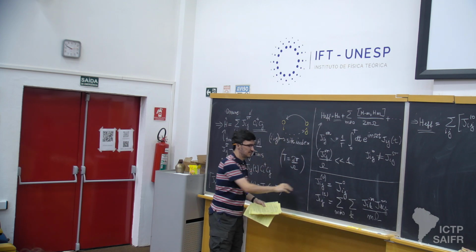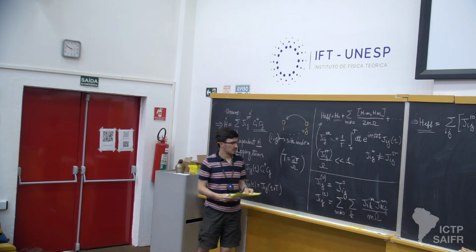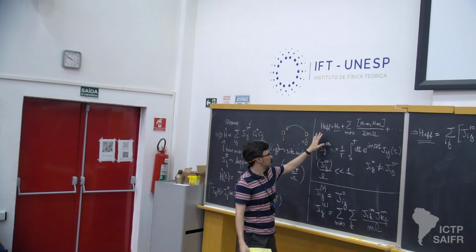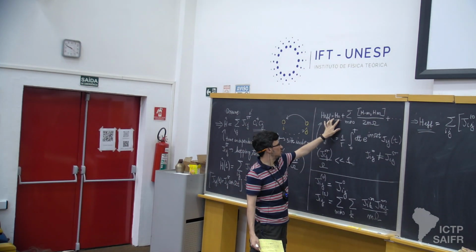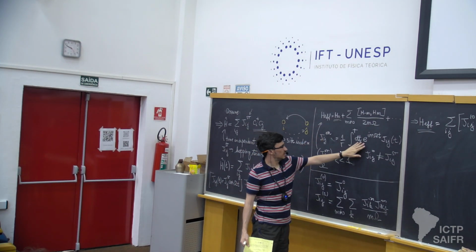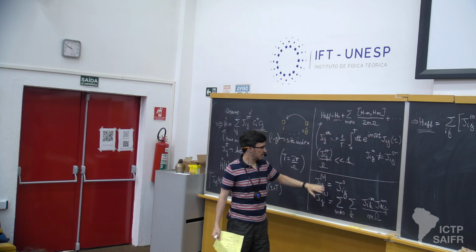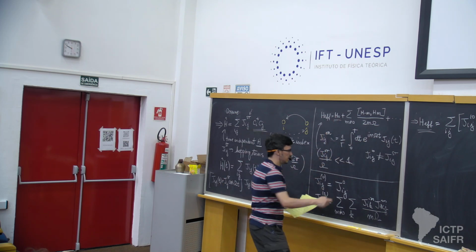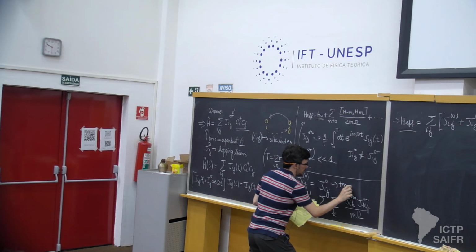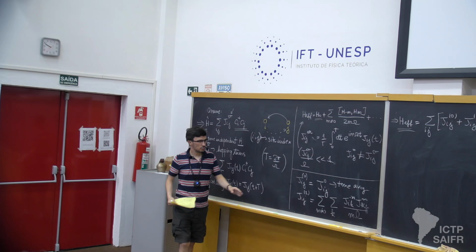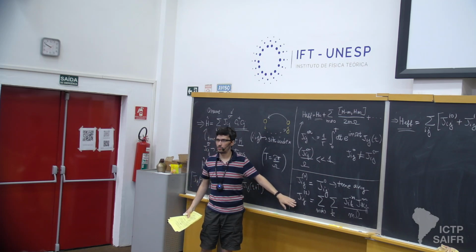This one requires explanation. The first one does not require much explanation. You come here with your time-dependent Hamiltonian, you find H0 by doing this thing here with m equals 0, and you're done. So this is the time average of the Hamiltonian. This one requires an explanation.